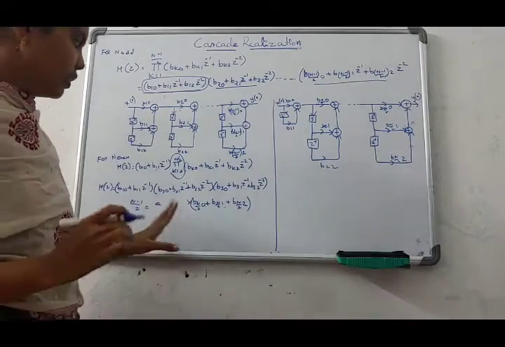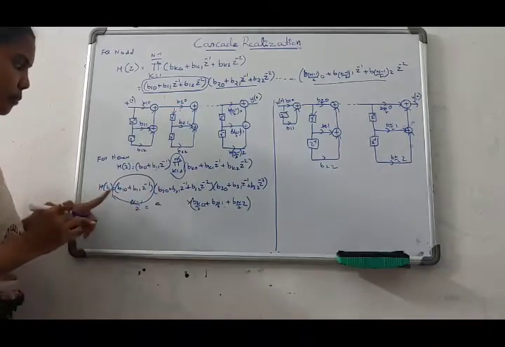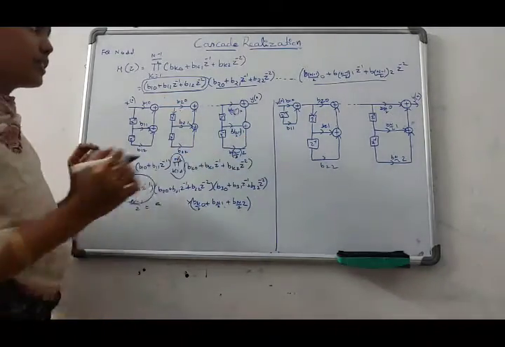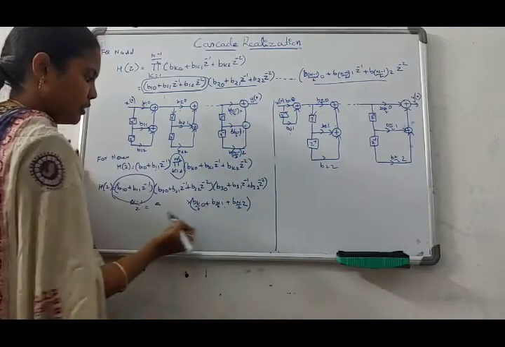Now for this equation, draw the structure. First you have to draw b10 plus b11 z inverse.